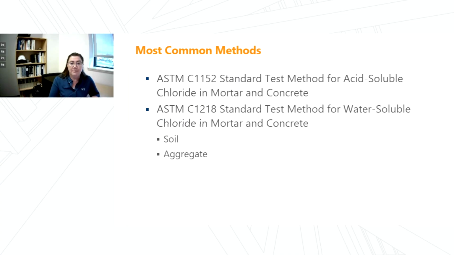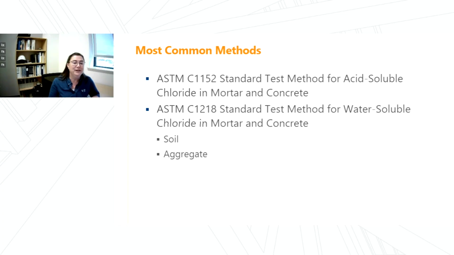The two most common ones that we deal with in the laboratory are ASTM C1152 and ASTM C1218, which are the test methods for acid and water soluble chloride. And we're going to touch on those and talk about the differences in those in just a minute. But we should note that in addition to concrete and mortar and related materials, we can also use these test methods on soil and aggregate.